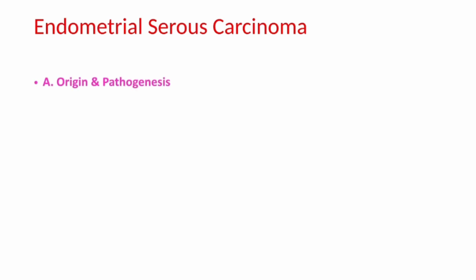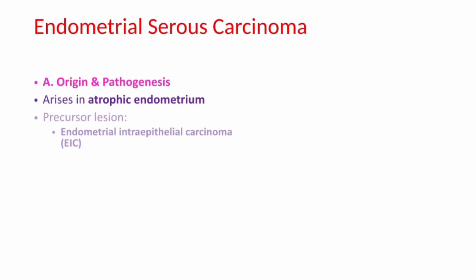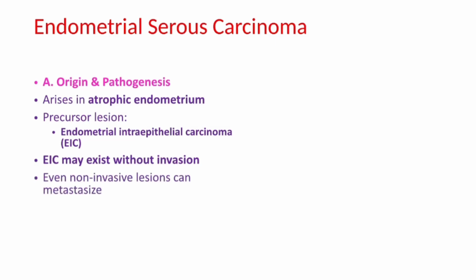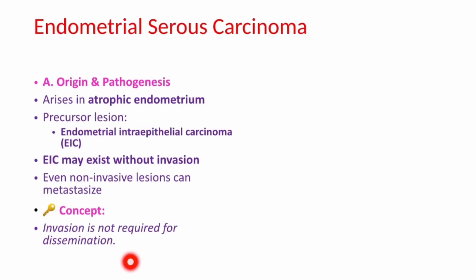So first of all, origin and pathogenesis: it is arising from atrophic endometrium mostly. Precursor lesion is endometrial intraepithelial carcinoma. This EIC may exist without invasion, and even non-invasive lesions can metastasize. So the key concept is that invasion is not required for dissemination.